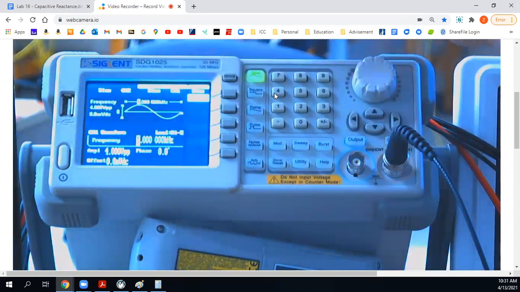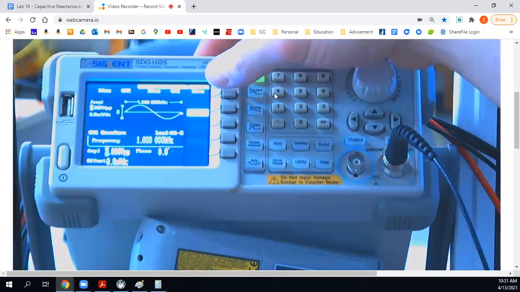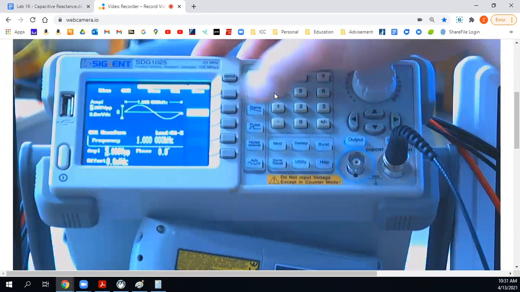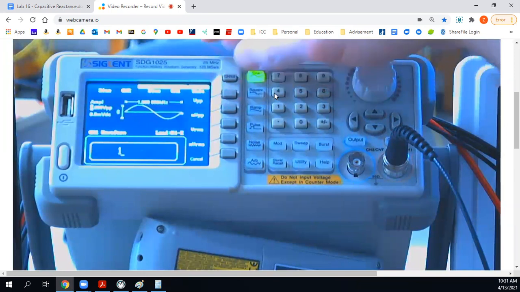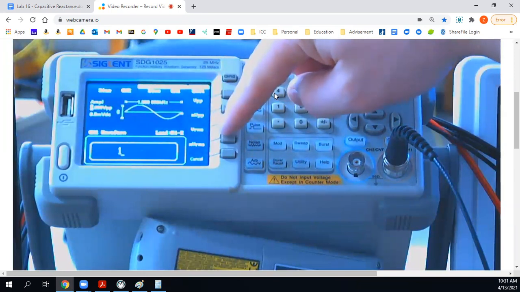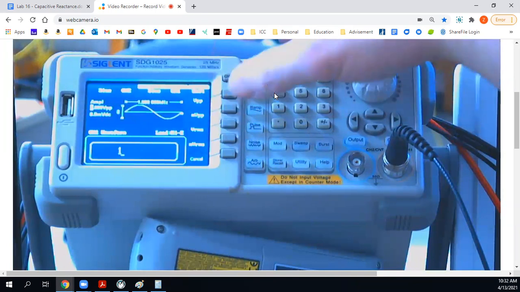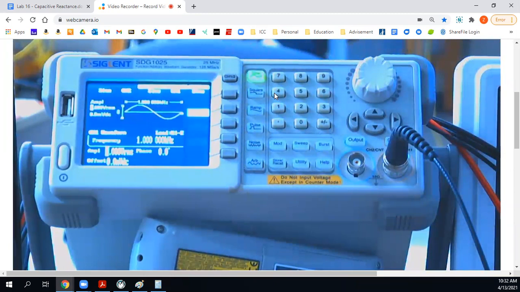Frequency is 1 kilohertz, which is what the lab asked us to do. The amplitude, I'm going to set it for 1. And then, look, you can set it for RMS voltage right here on this third button. 1 volt RMS. You don't have to do any calculations or anything. Isn't that cool?